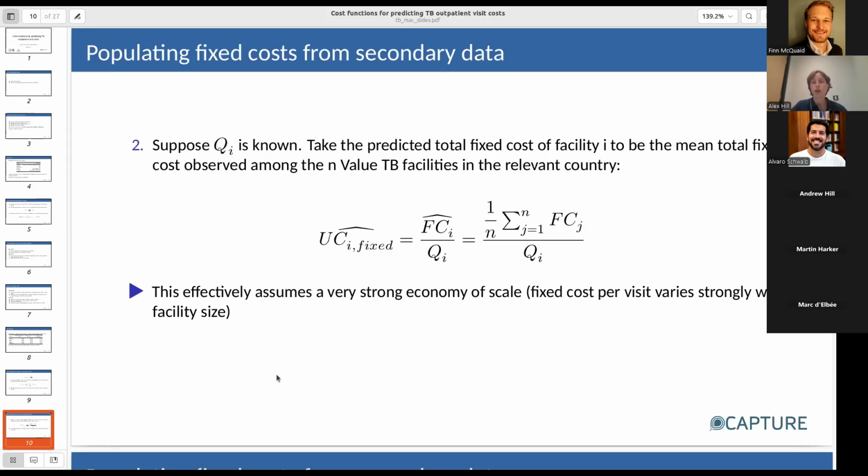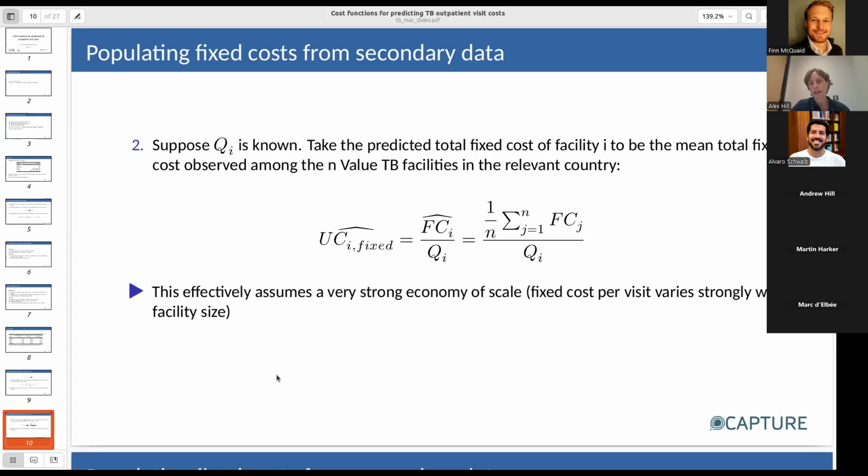It's assuming that total facility fixed costs are sort of homogeneous, or drawn from the same distribution across all different facilities. And just in some facilities, they're distributed across more services, and in some facilities, across fewer services. So the fixed cost per visit is going to vary very strongly with facility size.